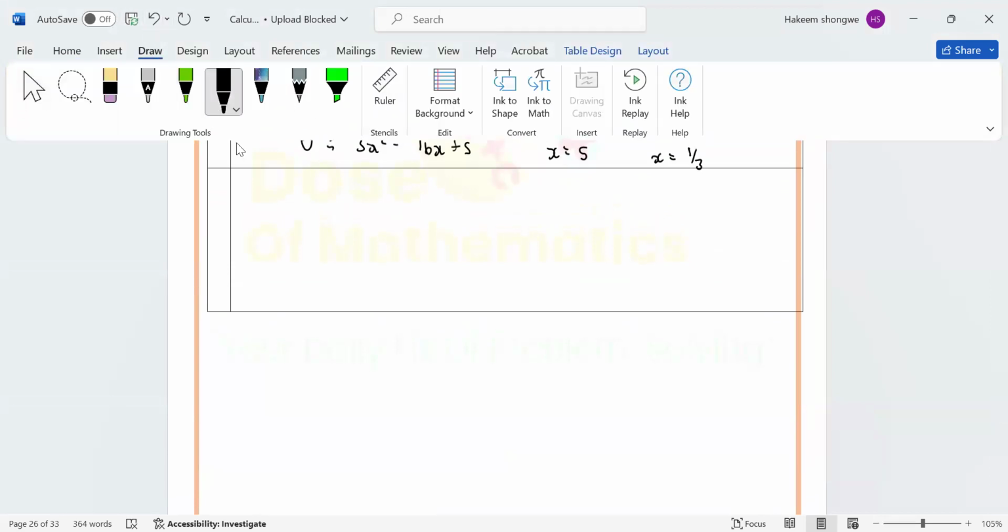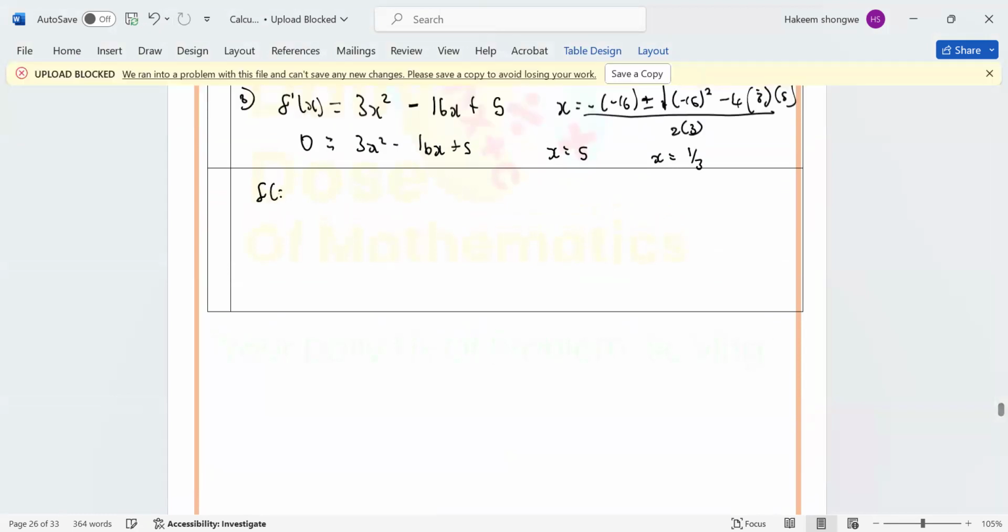We said on the original equation, again, we're going to look for f of 5. Everywhere we see x, we put 5. And then you say we get what? Minus 36, okay? f of 1 over 3 is 400 over 27. Okay, what is it as a decimal?